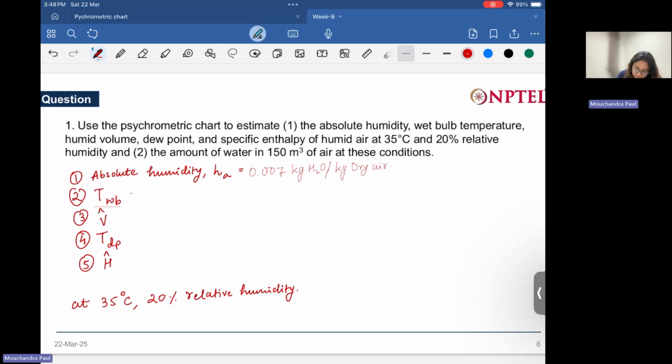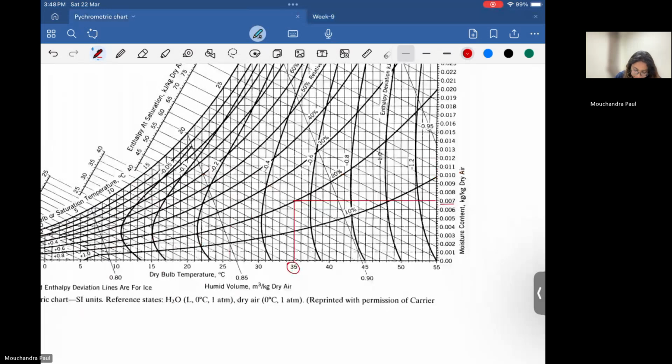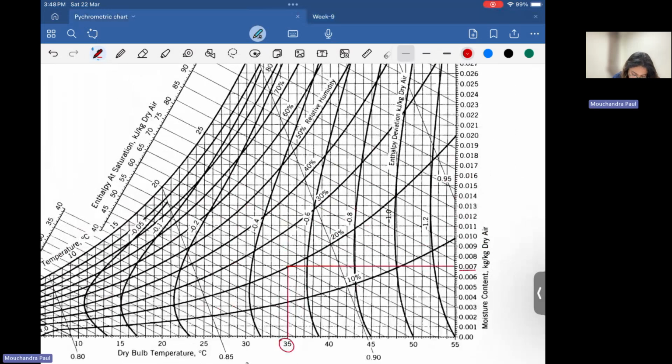Then wet bulb temperature. From this point, we have to extend a diagonal line like this.